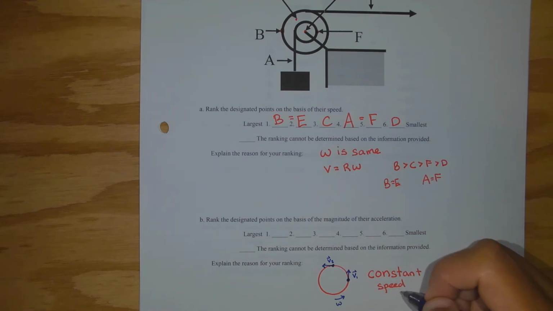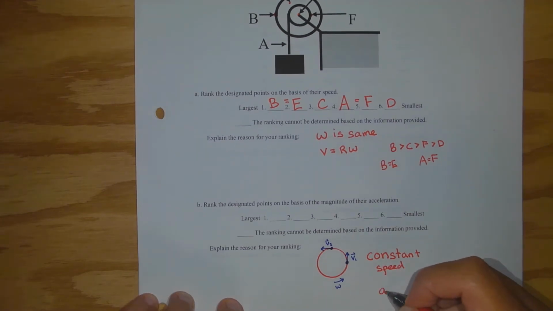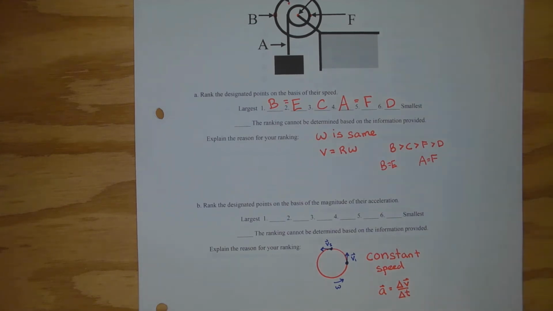So the speed is not changing, but remember that the acceleration is equal to the change in velocity over the change in time. The length of this vector did not change, but its direction did change.